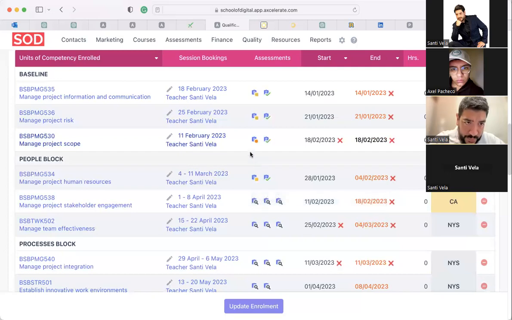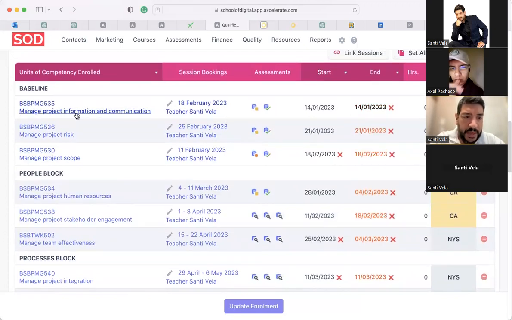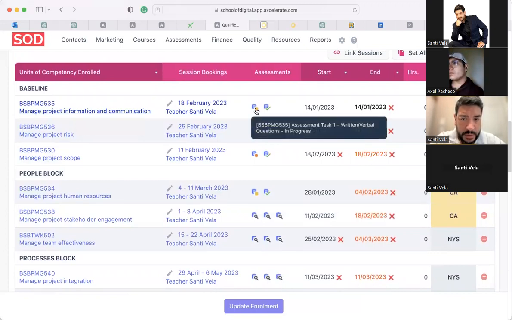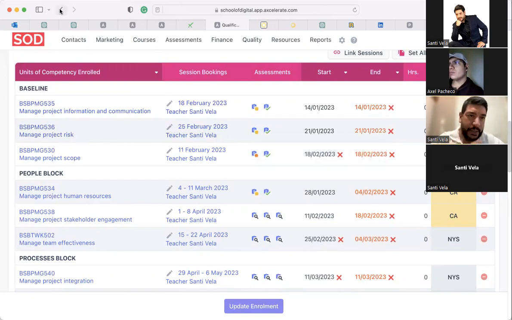So you need to work on the unit managed project information and communication. You need to work on the unit managed project risk. So keep those two in mind. I will tell you what else.